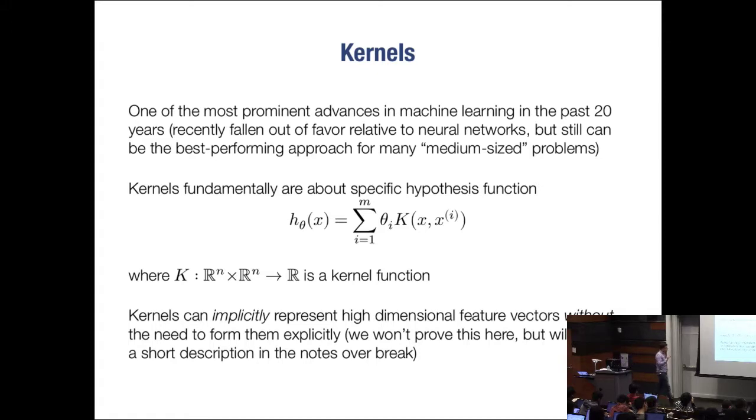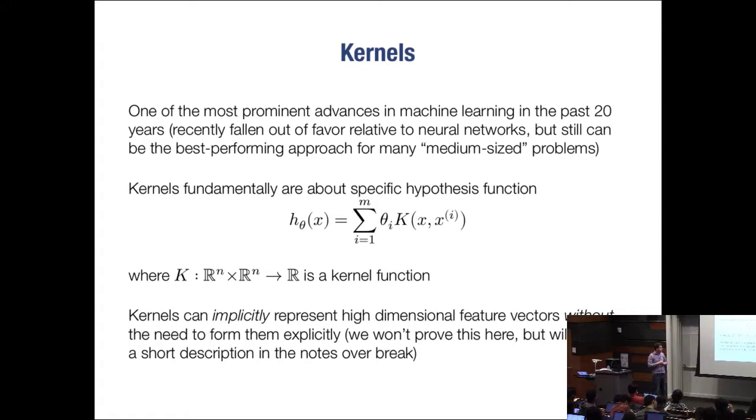What's really cool about kernels is that they can implicitly represent high-dimensional features, like d-degree polynomials for large inputs, that would be n plus d choose n, or before we had k plus d choose k.